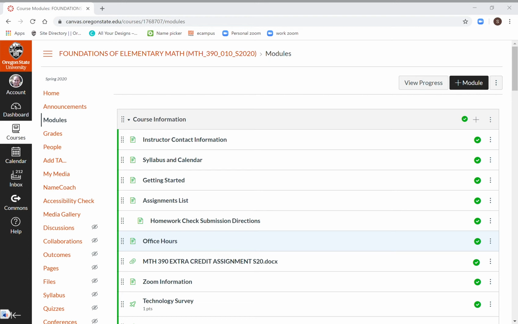But before we get there, we have one more vocab word that we're going to go over, which is the alternate interior angles on the next page.